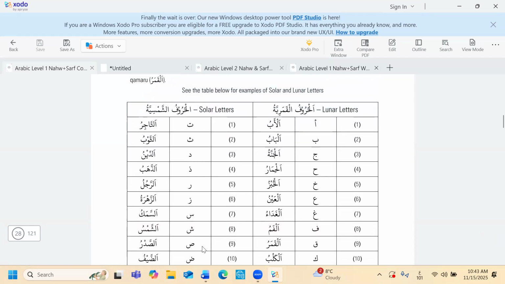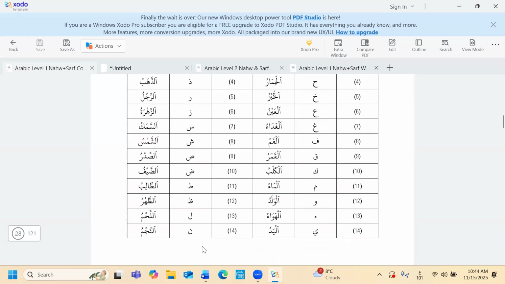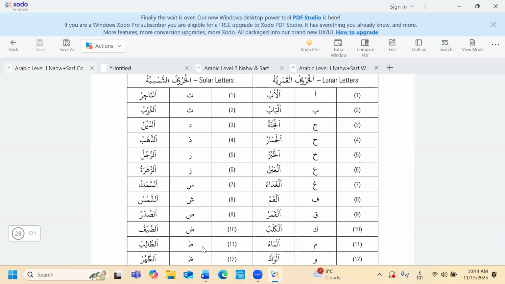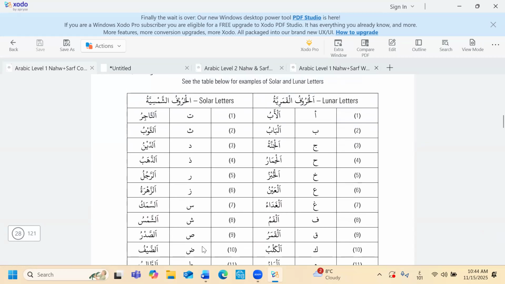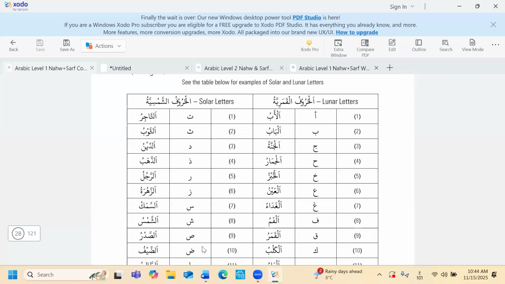Whereas the Qamari letters, ba, or the letters stemming from the throat, those are going to be your Qamari. So you say al-babu, not ab-babu, al-jannatu, al-himaru, al-khubzu, al-ainu, and so on. There's no easy way. You just have to learn and be corrected as you go along.